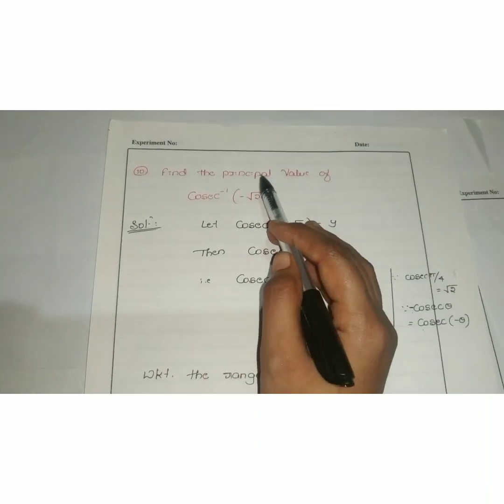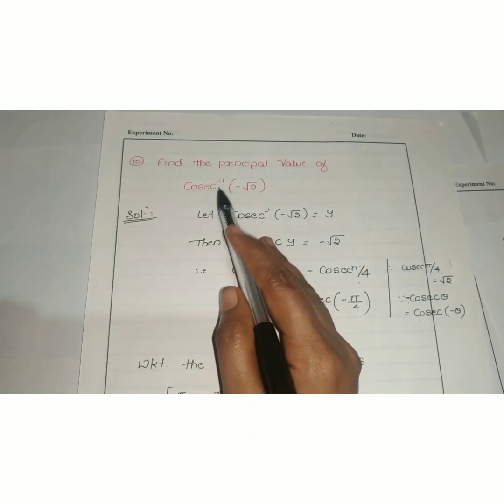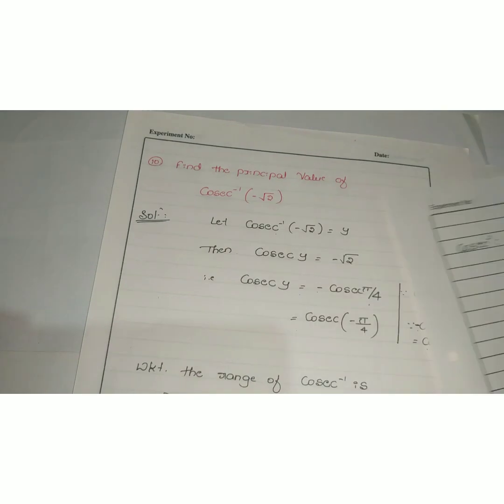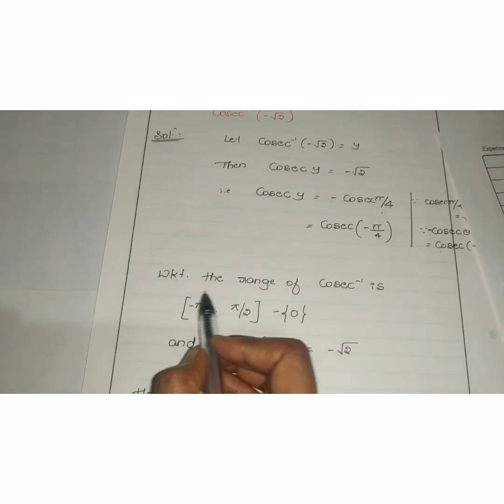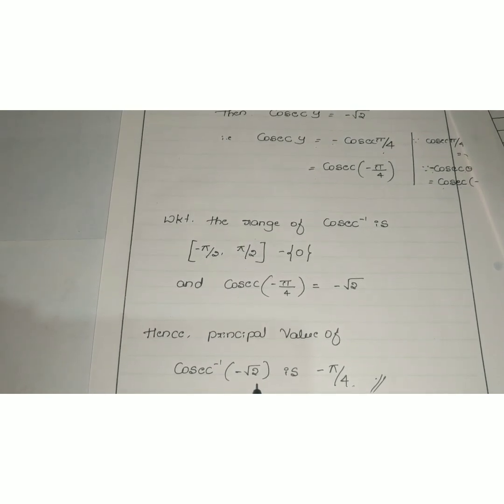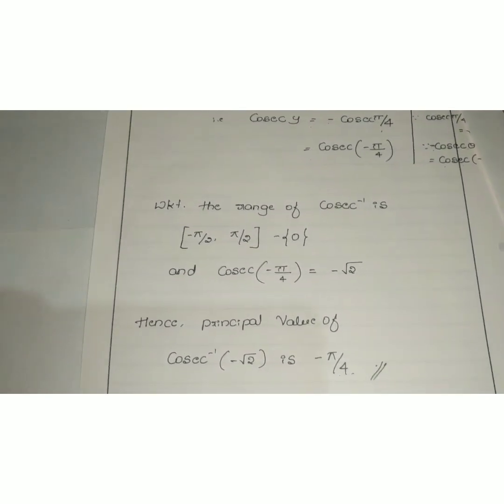Because the principal value of cosec inverse means the value lies in the range of the cosec inverse function. So minus 45 degrees lies in the range of the cosec inverse. Hence the principal value of cosec inverse of minus root 2 is minus pi by 4.